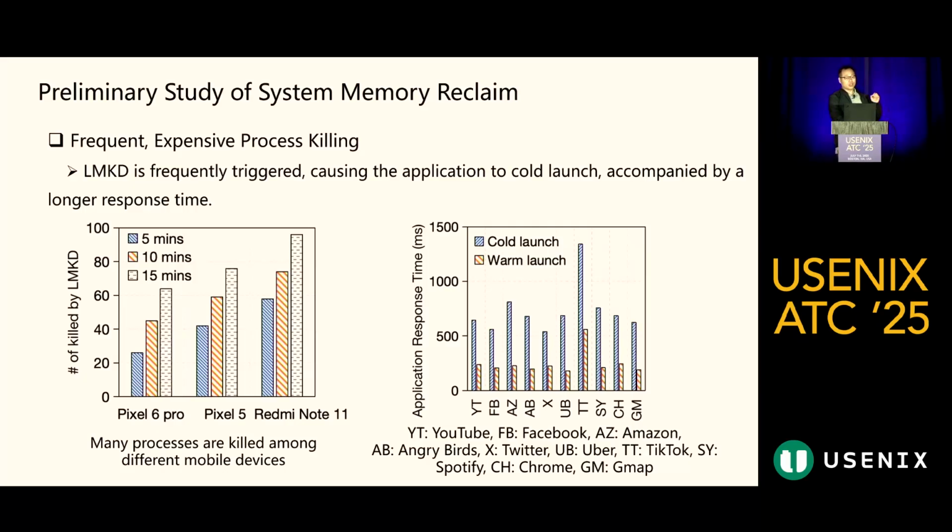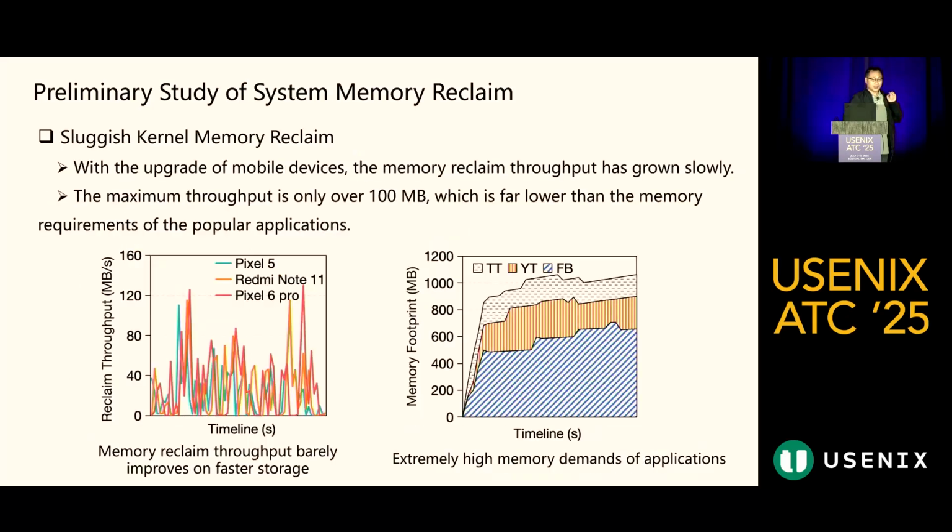It is called to kill the application, and then we need a cold launch to start up the application again. So each kill introduces a long application response time. Okay, so we can find the low memory killer is not a good choice for memory reclaim. So we need to use the kernel memory reclaim process to release the memory pressure.